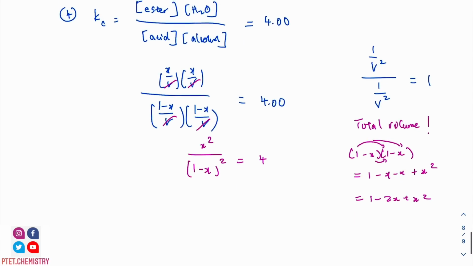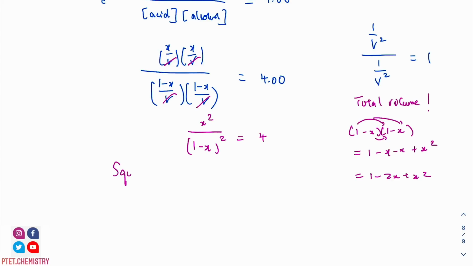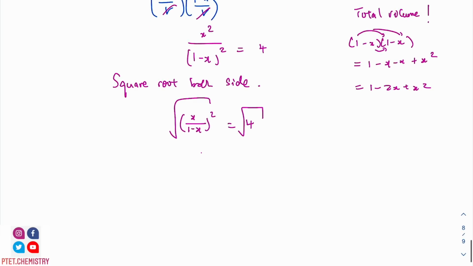And therefore, what I can do is, I can square root both sides. If I square root both sides, what it means is there is x over 1 minus x squared, that is 4. I square root both sides. That means I'm going to get x over 1 minus x is 2.